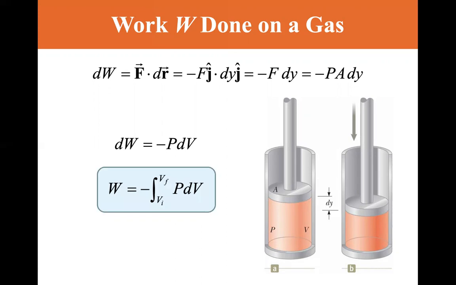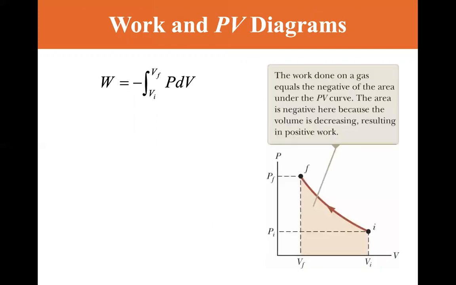So the total work is equal to the negative integral from the initial volume to the final volume of P dV. Okay, so here we repeat it. Work is equal to the negative integral from the initial volume to the final volume of PdV.